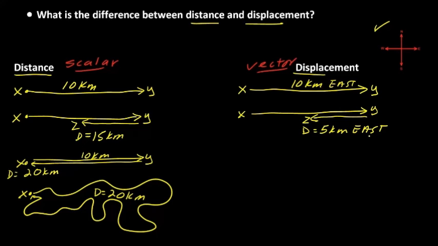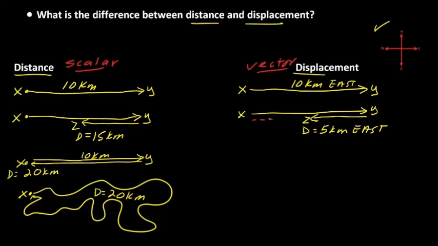And you might say, well, why is that so? Well, it's the real difference between distance and displacement. Your displacement is the straight line distance and direction between the origin, your starting point, and your ending point.